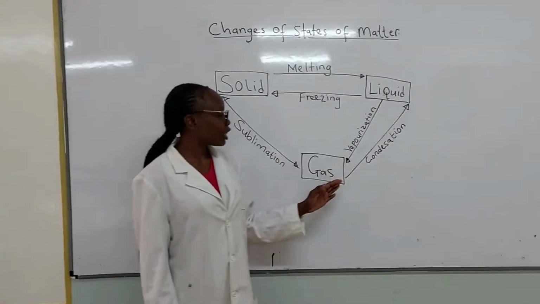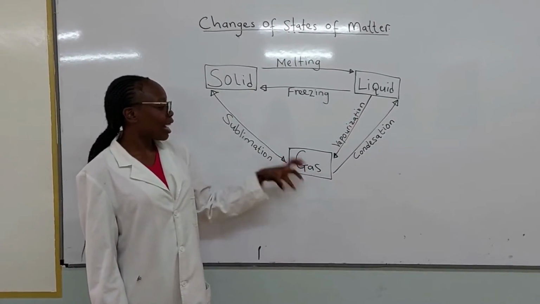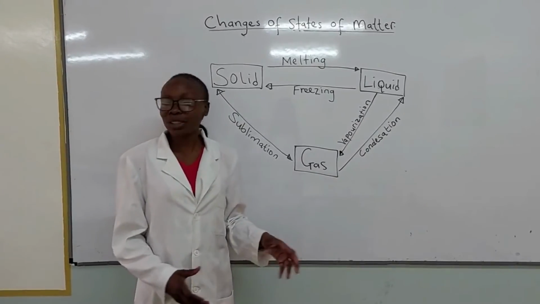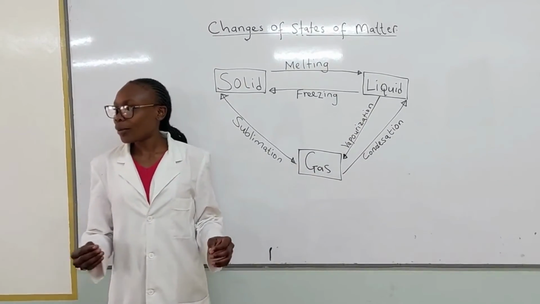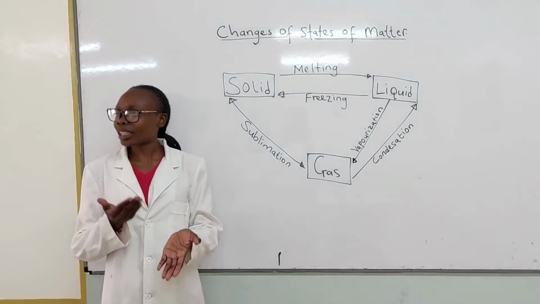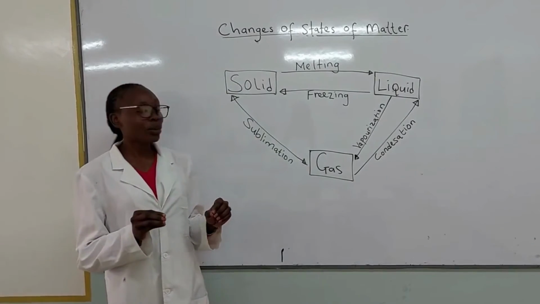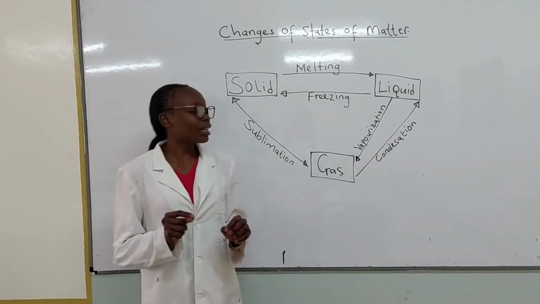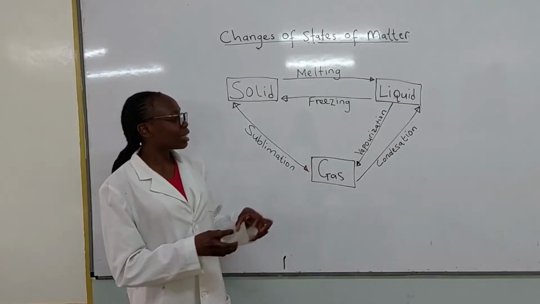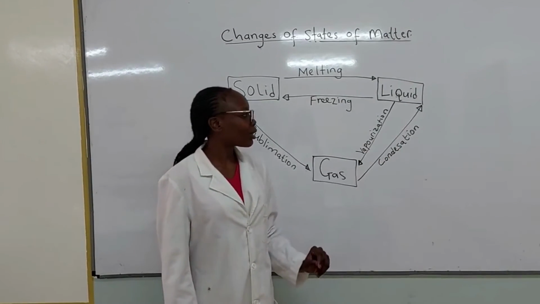Then we have condensation from gas to liquid, when the gas now turns into a liquid again, as we have seen from that lid. When the lid is put over a hot liquid, when the vapor gets onto the surface of the lid and it's subjected to some very low temperatures other than that one in the beaker, the gas turns back into a liquid, and that is called condensation.